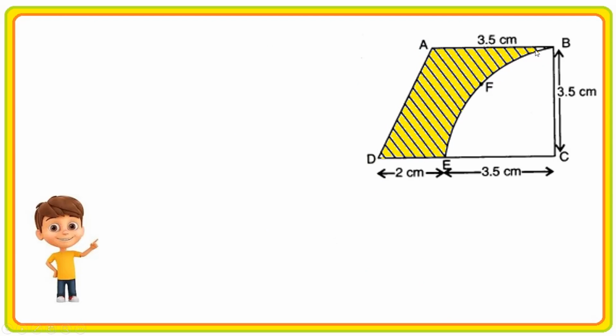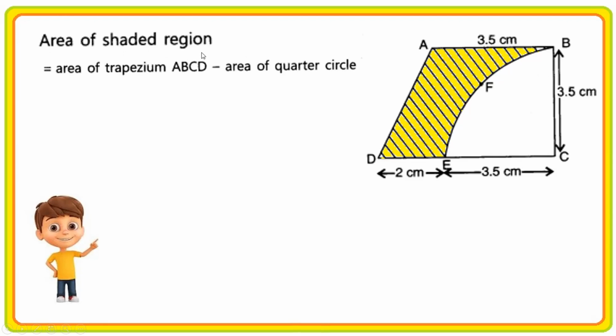We have to find the shaded region, the remaining part after cutting the quarter circle. Area of shaded region is the total trapezium ABCD area minus area of quarter circle. What is the area of trapezium? Half into h into a plus b.